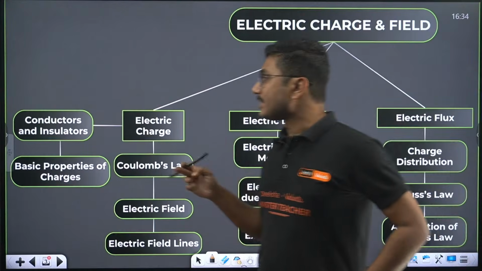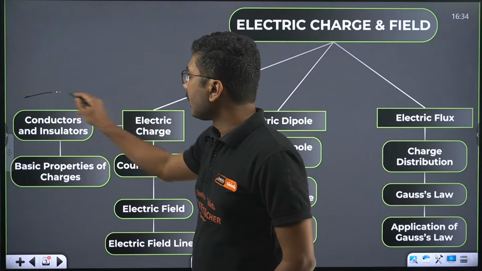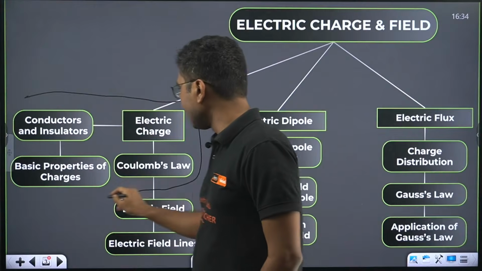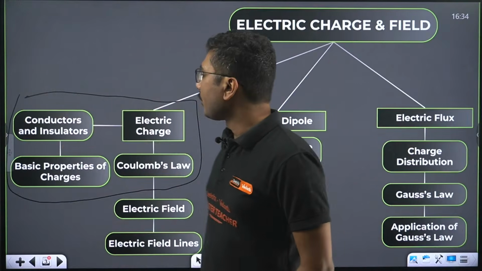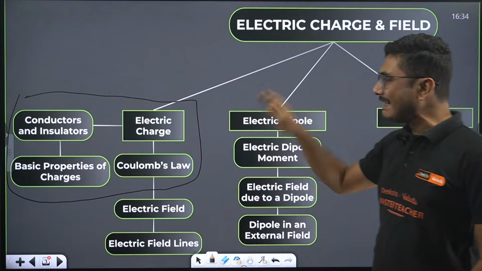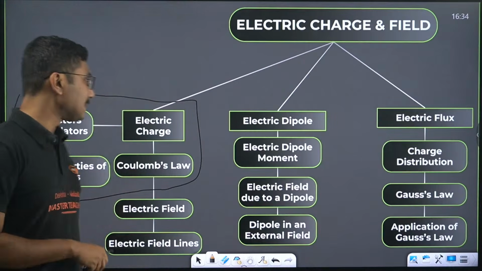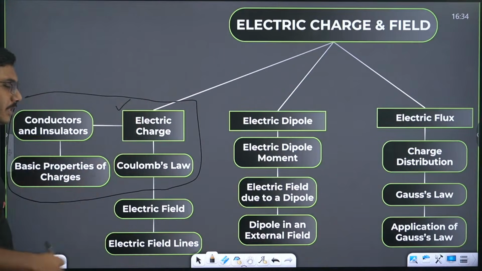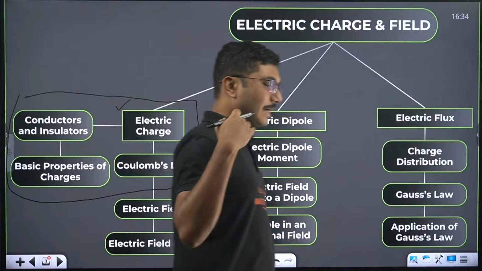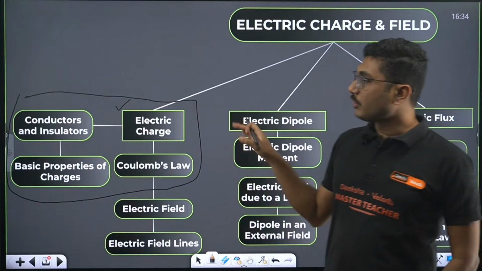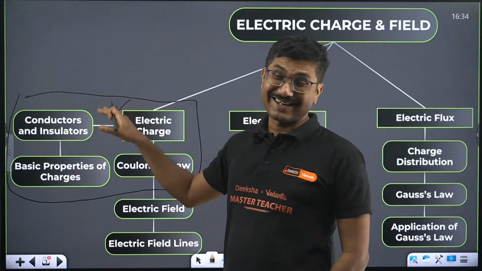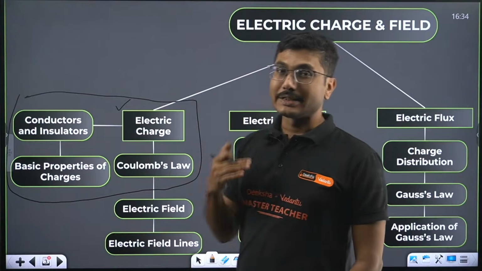In today's lecture we will discuss everything that is written over here, and something extra in detail. Obviously not everything is possible to write here, but we are discussing electric charge, properties of electric charge, charging by induction. Then we will also discuss conductors and insulators, and Coulomb's law.